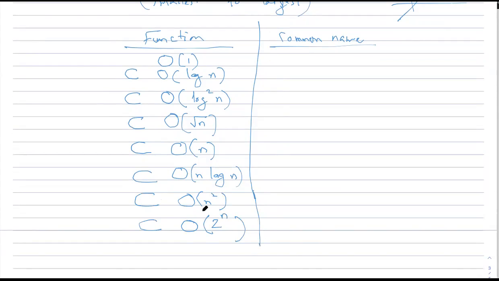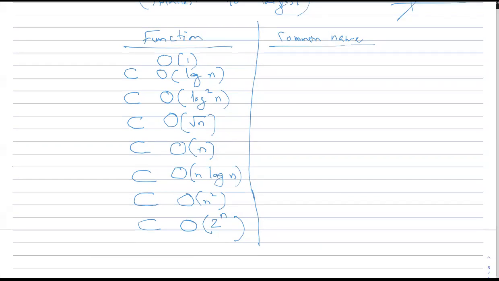So these are the commonly occurring functions when you are trying to evaluate the running time. They have different names. This is called constant time. So when your program is coming out to be big O of 1, then we say that the program is running in constant time.